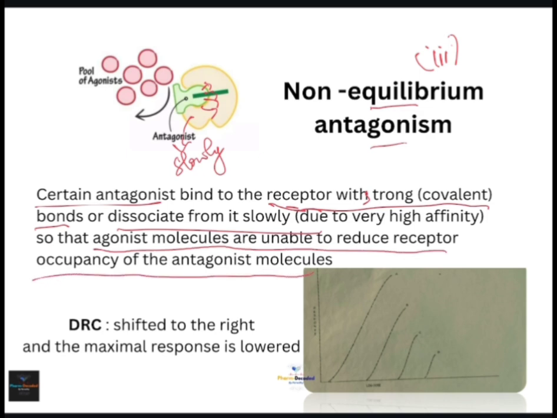And how does the DRC look in non-equilibrium antagonism? The DRC is shifted to the right and the maximal response is also lowered.